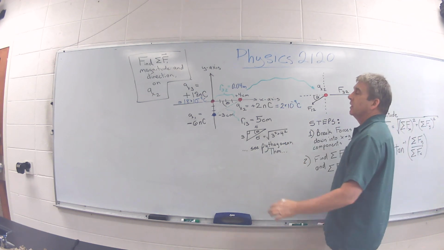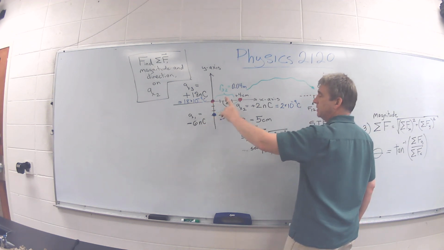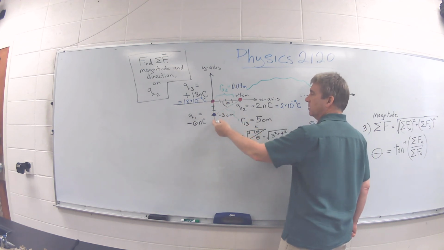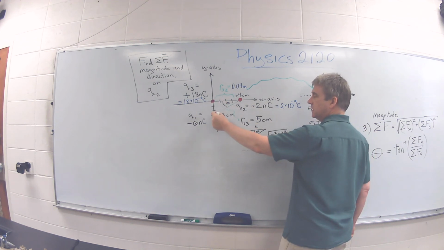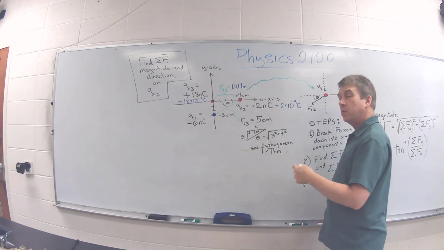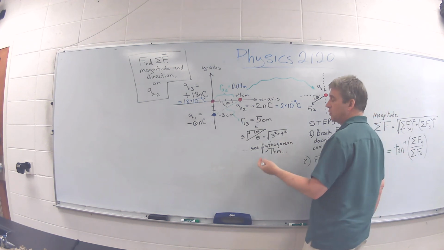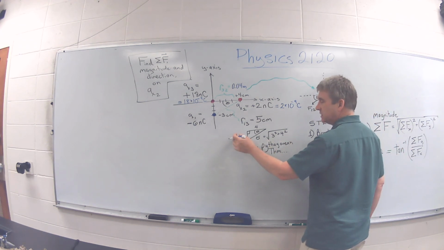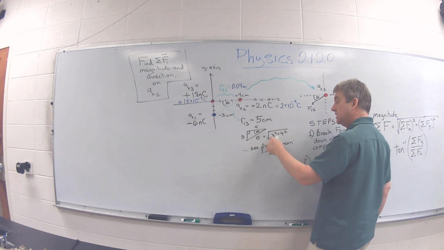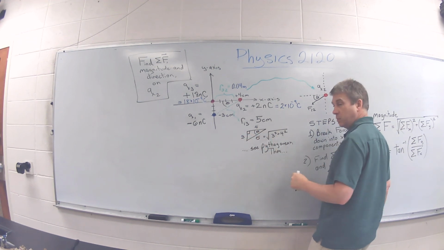Now, the other distance is between charge 1 and charge 2. The radius is not along the x or the y-axis, but is in a straight line between charge 1 and charge 2. So we have to remember what we learned about the Pythagorean theorem. Turn it into a right triangle and you'll see it. This is a 3, 4, 5 triangle. The hypotenuse is the square root of the x squared plus the y squared side.